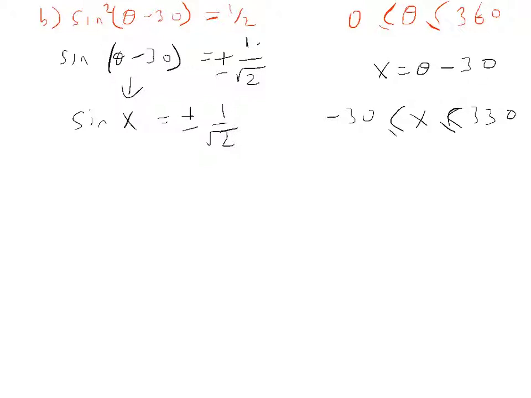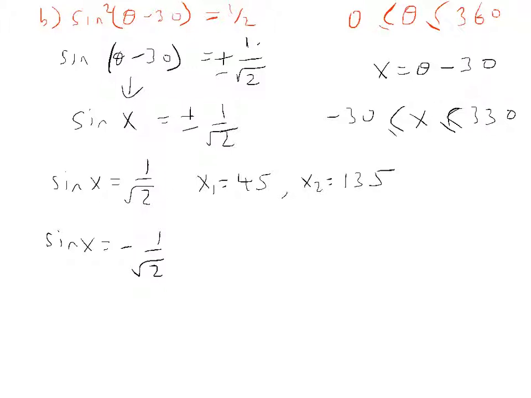So now we've got two equations. Let's investigate both of them. We've got sine of x equals 1 over square root of 2. We also have sine of x equals minus 1 over square root of 2. For the first one, our x1 should give us 45, and then 180 take away 45 should give us x2, which is 135.